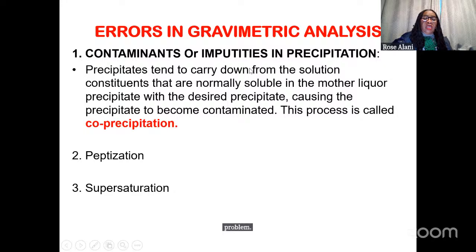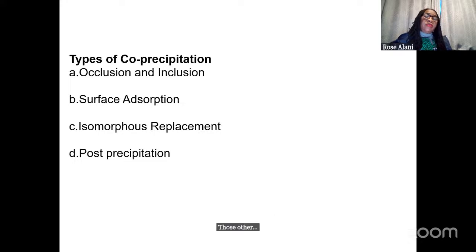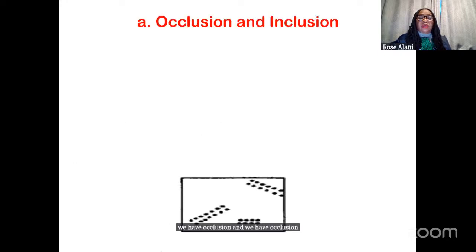Peptization is another, peptization and supersaturation, those are other problems. So types of co-precipitation, we have occlusion and inclusion.